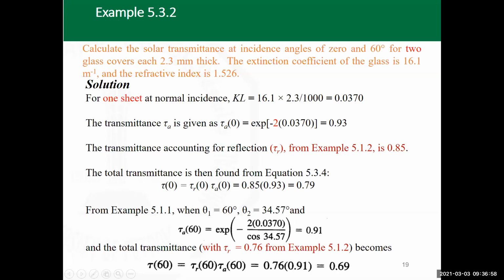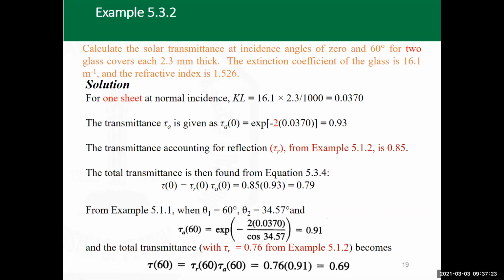And accordingly, the calculation of tau at this angle, tau 60, and the total value of tau for these two surfaces together is 0.69. So again, with two surfaces, 70% of the energy is still able to be transmitted through the glass.